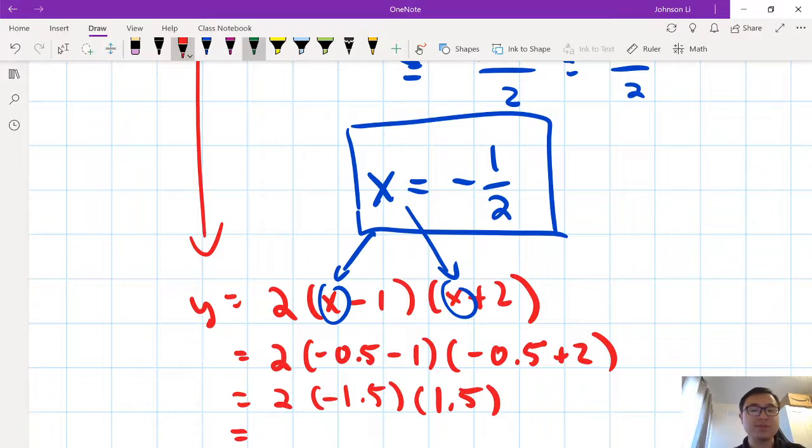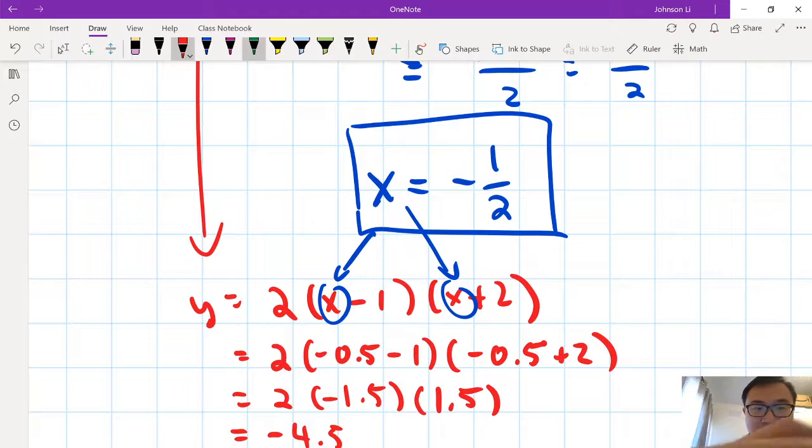So now's the time where you would take a calculator to actually figure out what all that multiplication is. So what we want to do is figure out, using our handy calculator, what 2 times negative 1.5 times another 1.5 is, and that should give me, according to my calculator, negative 4.5.